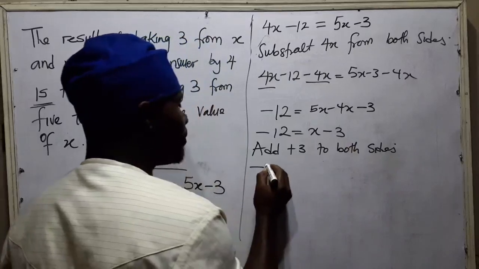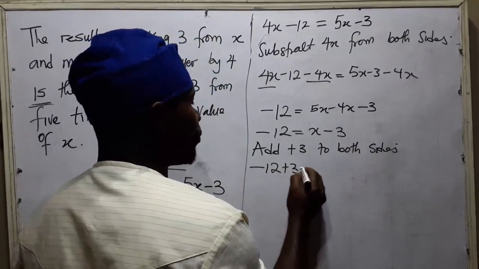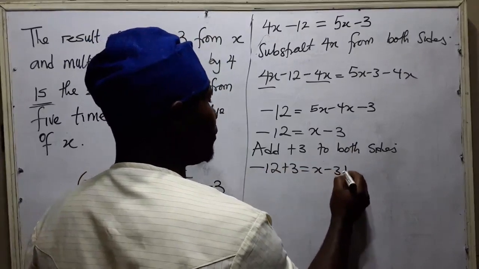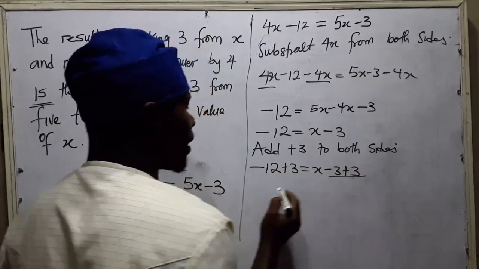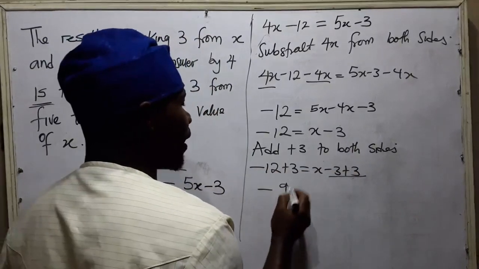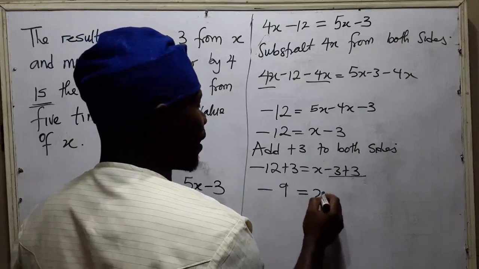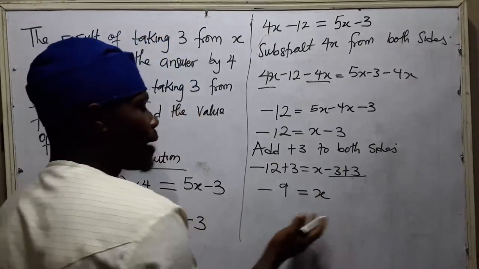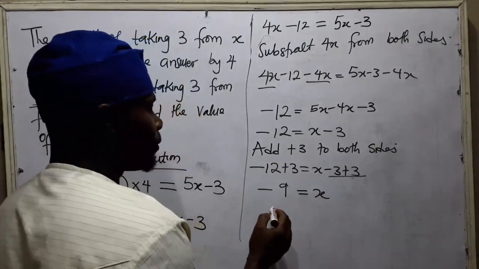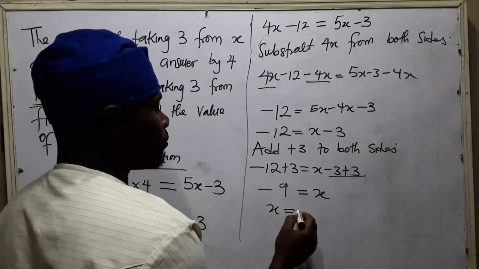By adding plus 3 to both sides, this will turn to 0. This will give you minus 9 is equal to x. So you can also rewrite it to have x is equal to minus 9.